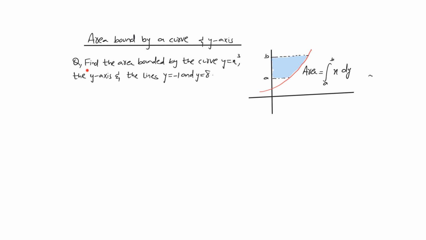So if you look at this example, find the area bounded by the curve y equals x cube, the y-axis and the lines y equals -1 and y equals 8.